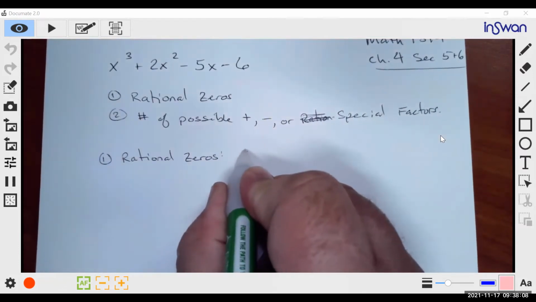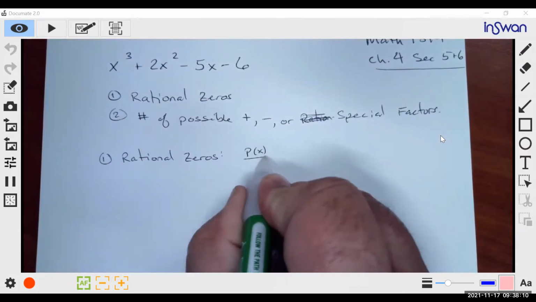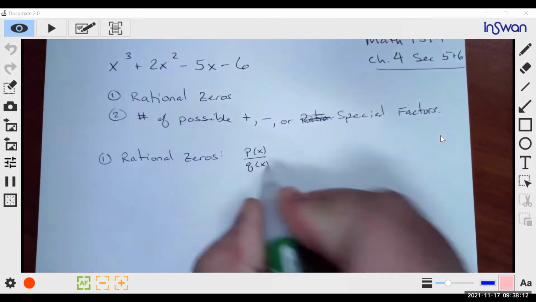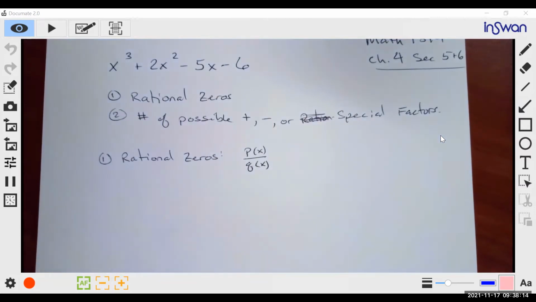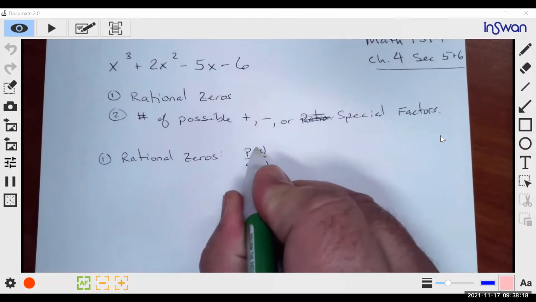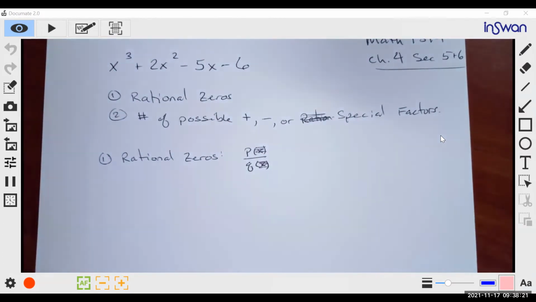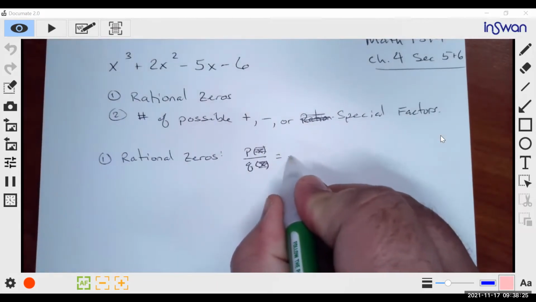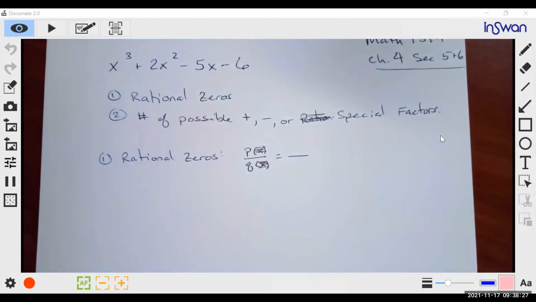Remember rational zeros, or P over Q, I should say, not P of X, Q of X. P over Q. What's P?